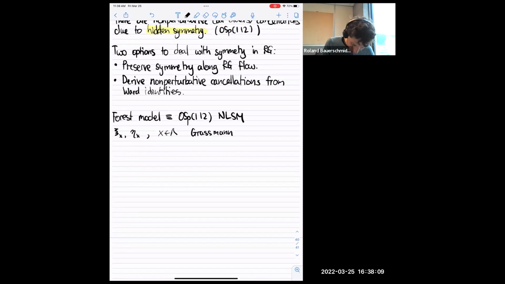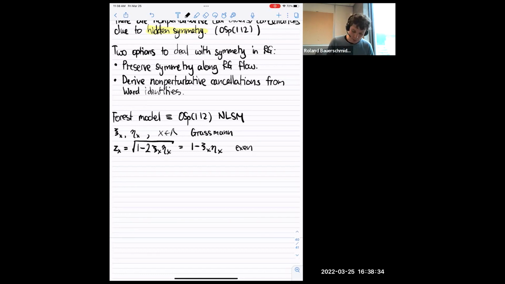Well, then in terms of these, you can define what I'm going to write as z_x as the square root of 1 minus 2 psi_x eta_x, which is by definition defined by expanding the square root. So it's 1 minus psi_x eta_x. So this is an even element of the Grassmann algebra.